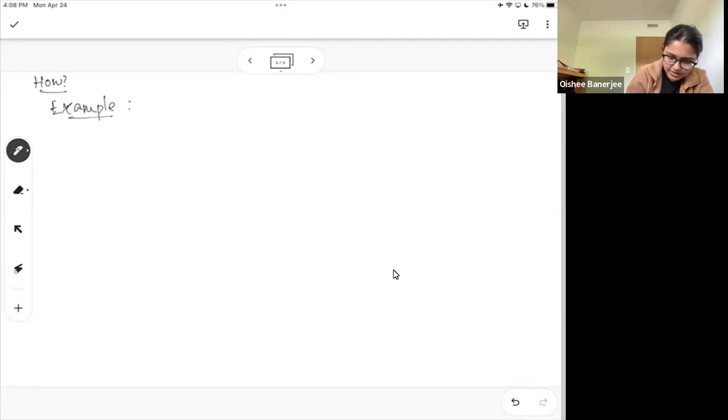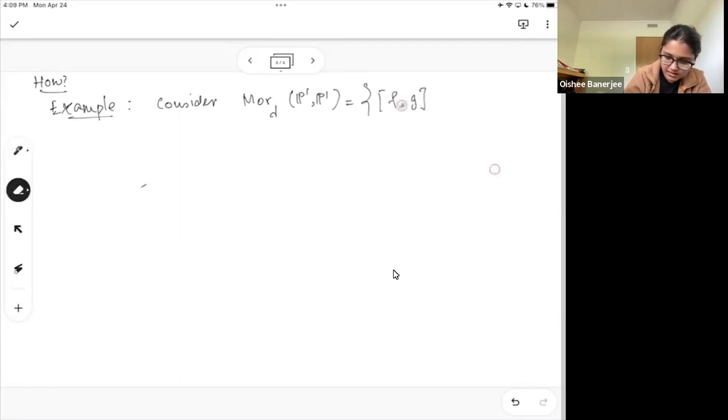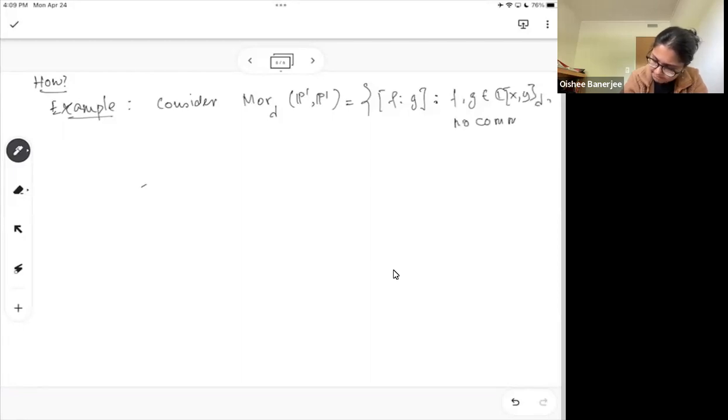So let's consider the moduli space of degree d maps from P1 to P1, which is a pair of degree d homogeneous polynomials having no common zeros. Homogeneous, yeah.